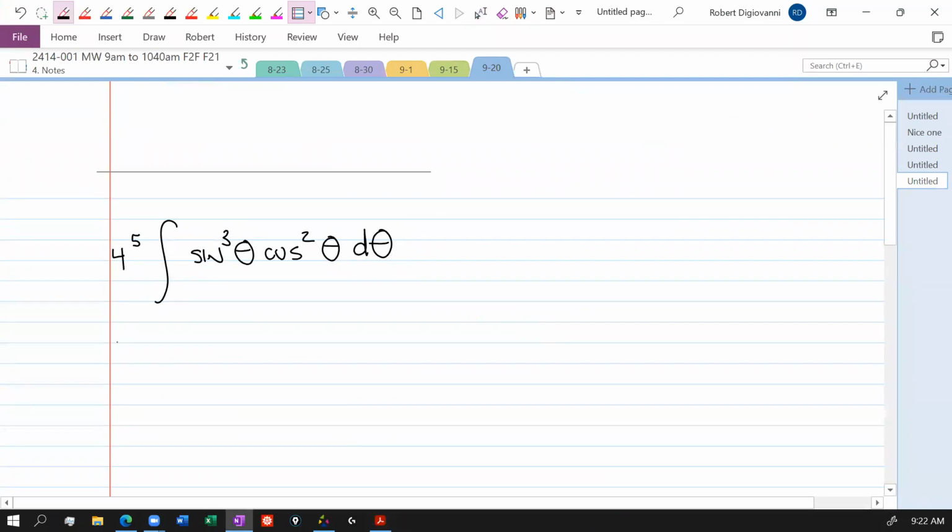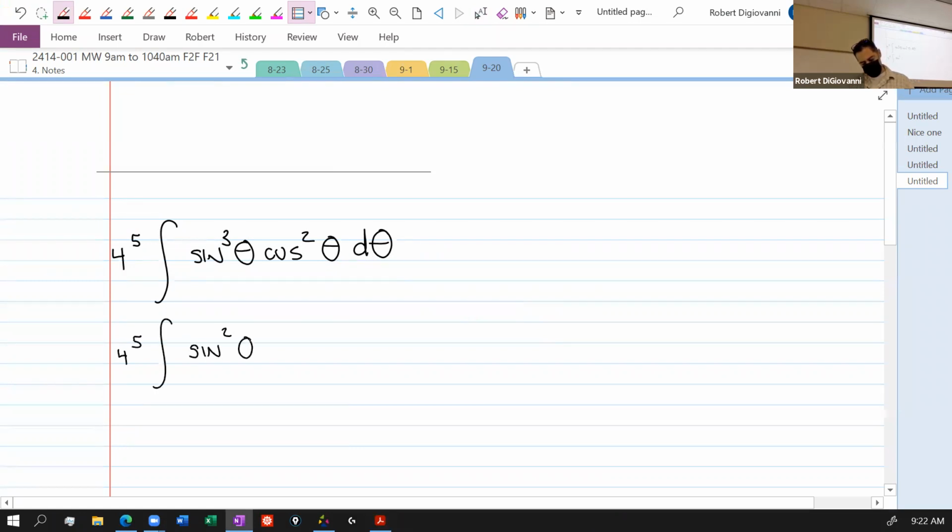So here I go. I'm going to peel off a sine. When I peel a sine off, I'm now left with sine squared theta. I have cosine squared theta. Here's the sine that I peeled off. Now by peeling this sine off, I know that I have a sine squared that's even. It's guaranteed to be even because it started as odd.